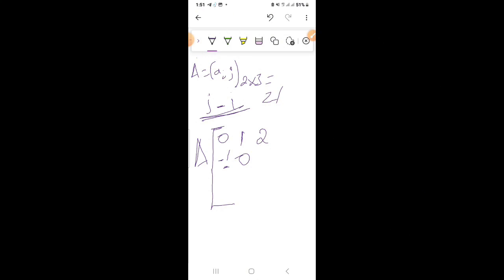A23 means the value of j is 3 and the value of i is 2. Then 3 minus 2 is 1. So the matrix is given by 0, 1, 2, -1, 0, and 1.